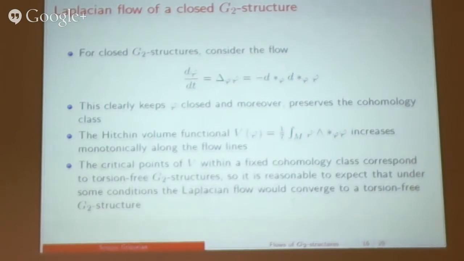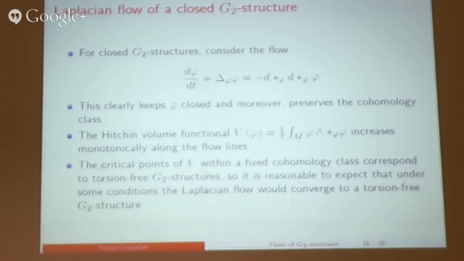This looks like a nice equation, but in fact it's non-linear, so it's not quite that nice. Moreover, since phi is closed, the Laplacian of phi is exact. It's an exact 3 form. So this flow preserves the cohomology class of phi. Once we fix the cohomology class of phi, we are evolving by an exact 3 form, so we stay within the same cohomology class.